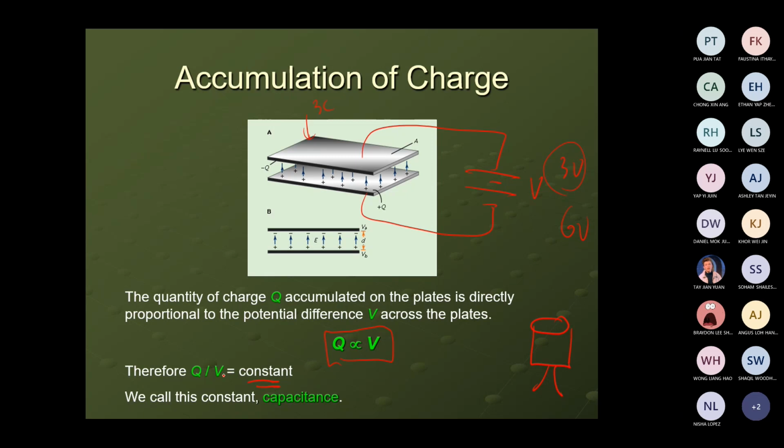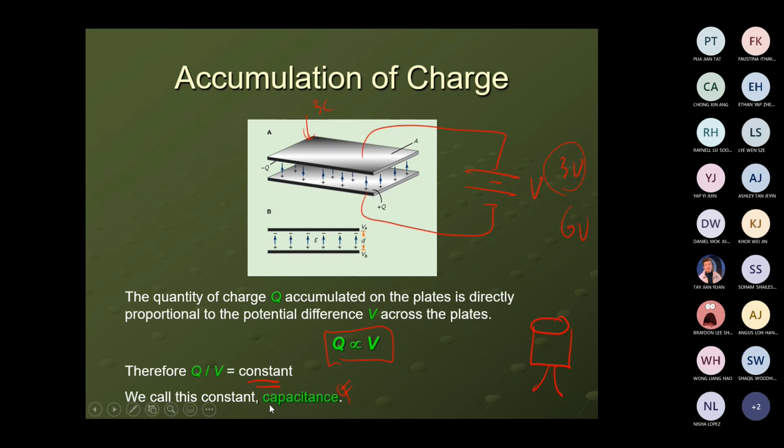The charge per unit volt is constant for a specific capacitor. This constant they name capacitance, the ratio of charge over voltage.